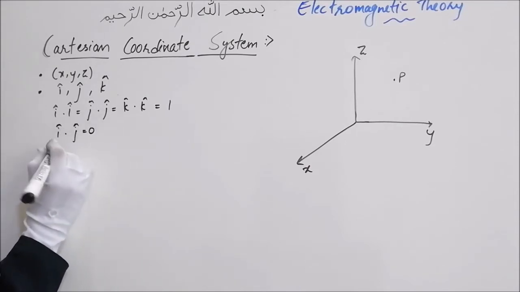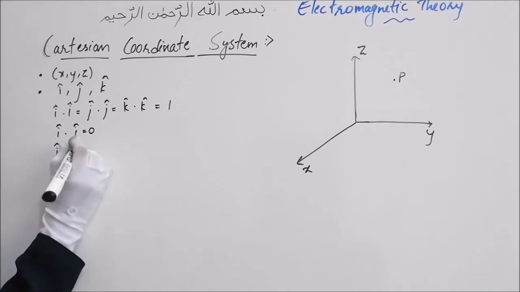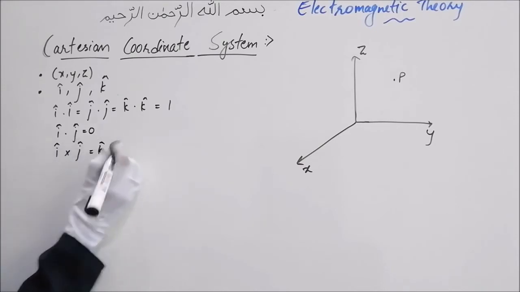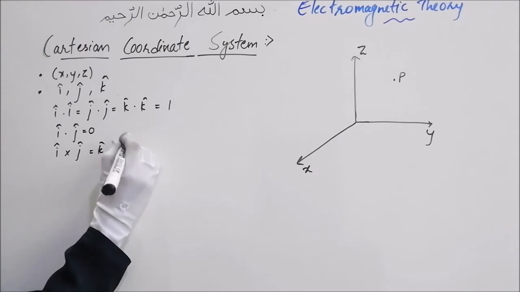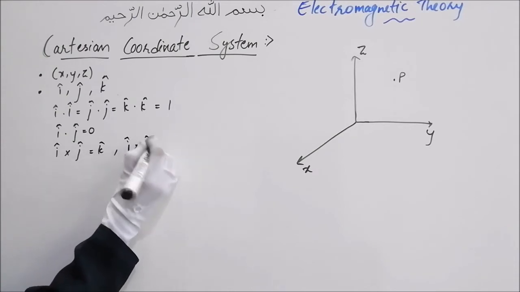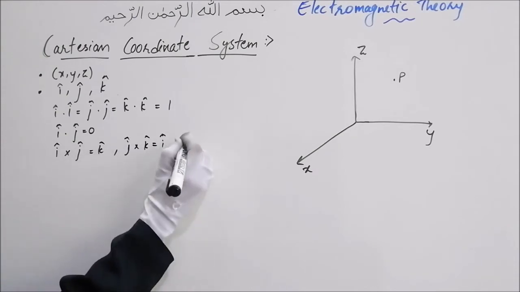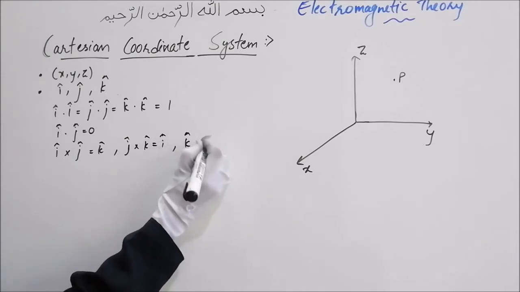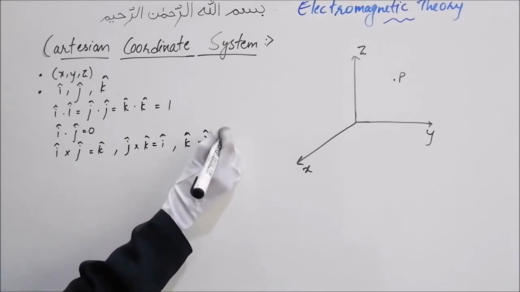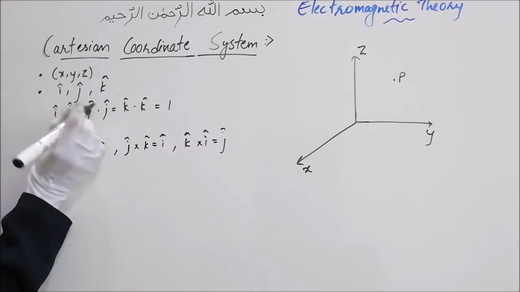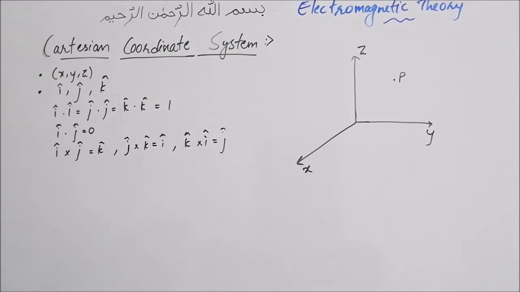Dot is the dot product. The cross product of i and j will give us k, the cross product of j and k will give us i, and the cross product of k and i will give us j. I am writing this hat to denote the unit vectors.